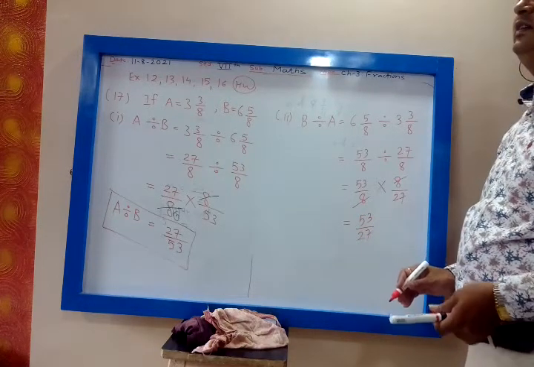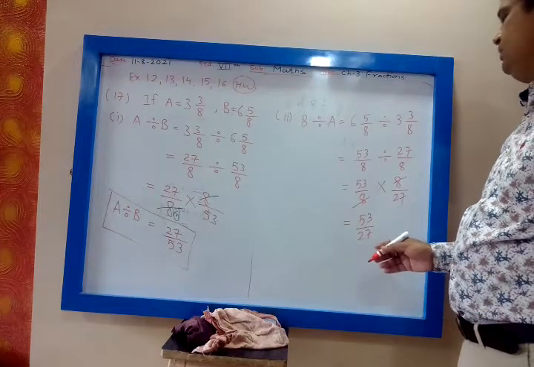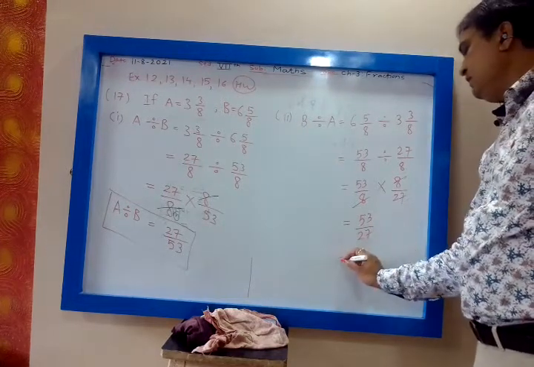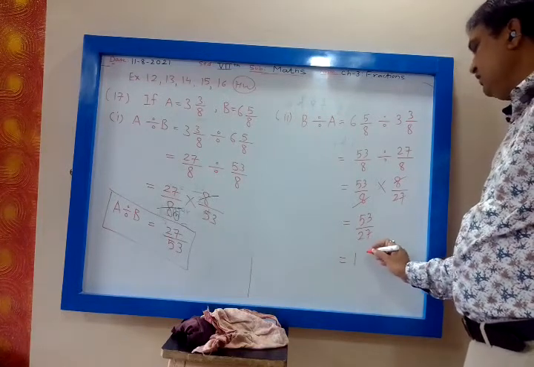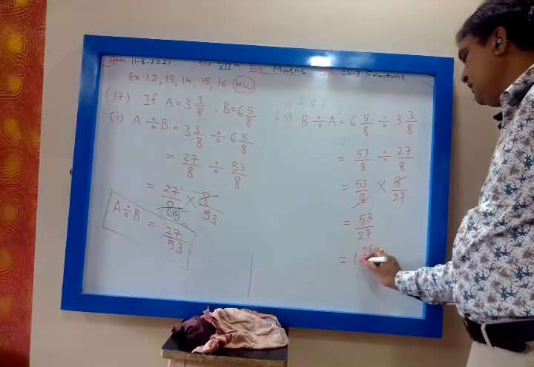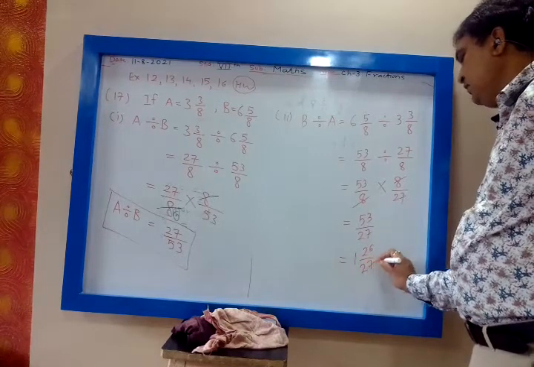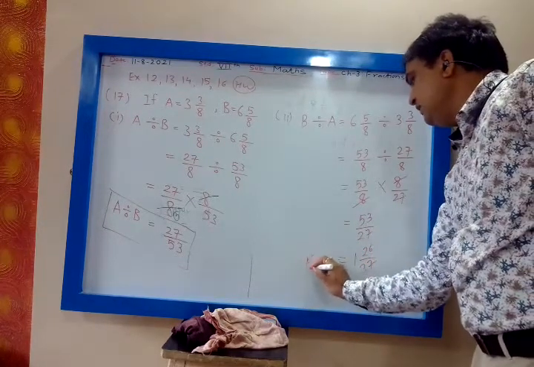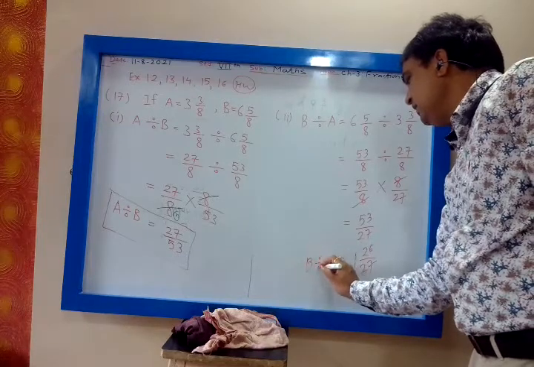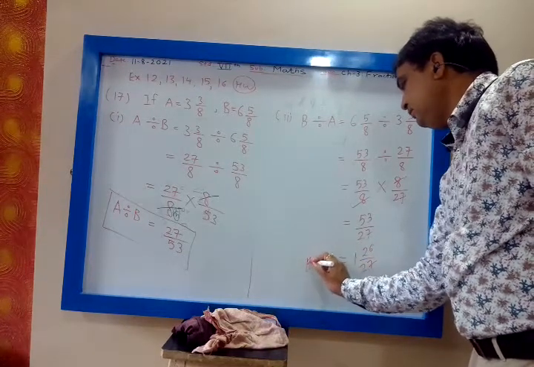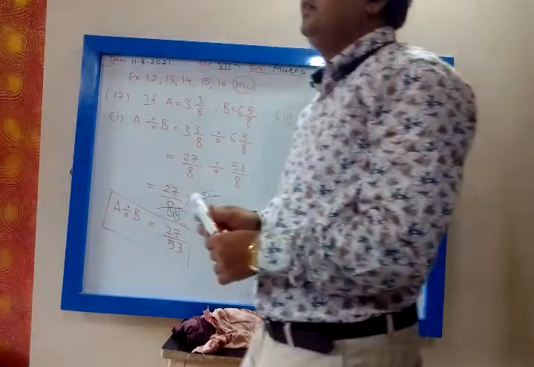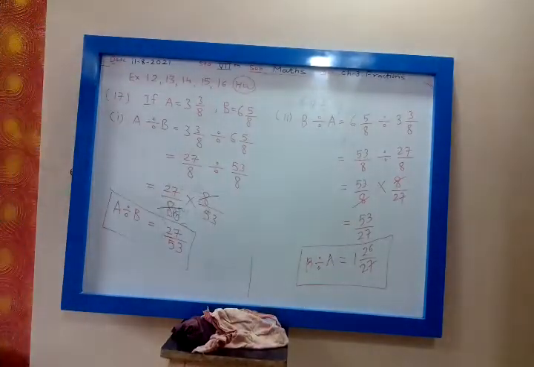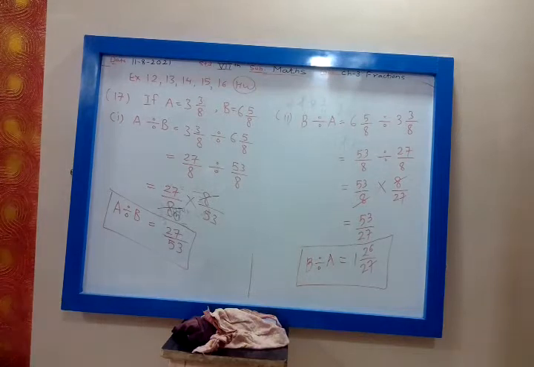Now this is an improper fraction which you can convert into a mixed fraction. 27 once 27, then it is 1 and 26 by 27. 1 and 26 by 27 is B divided by A. So whenever you have an improper fraction, only that you can convert into a mixed fraction.